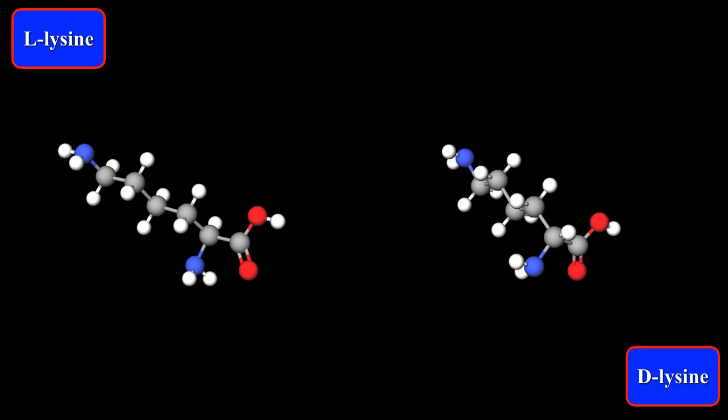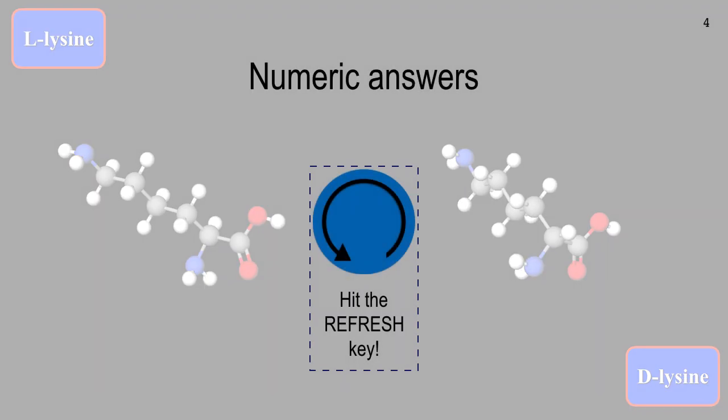Anyway, you can see that they're not mirror images of each other. They're isomers, but they're not mirror images of each other. So it's a significant thing. And biologists don't know the reason. Nobody knows the reason for that.